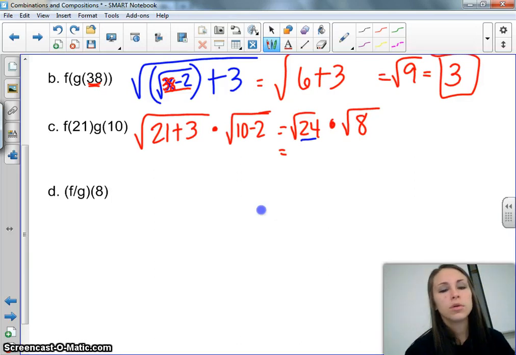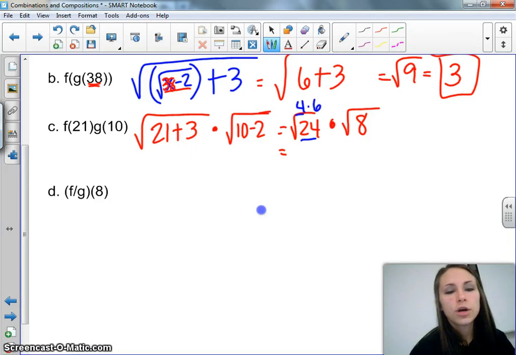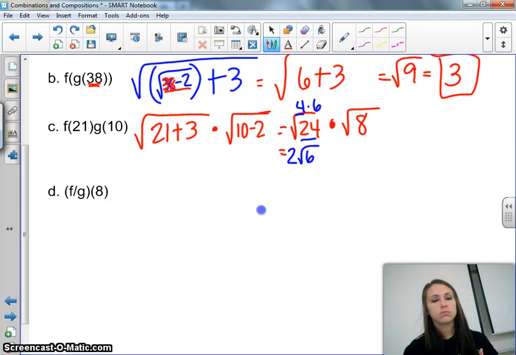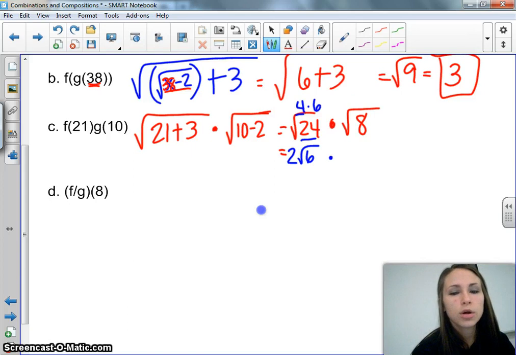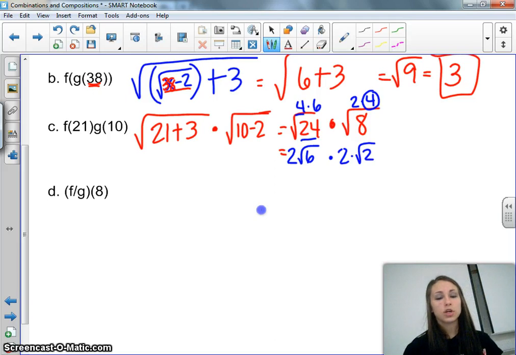And so a perfect square that would go into 24 would be 4, and then I would have to multiply that by 6. So from the 4, I can pull out a 2, and this should be something that you did a long time ago. So I would get 2 square root of 6 times, this is going to be broken up into 2 times 4. From the 4, I can bring out a 2, and I'll have a 2 left under my radical.